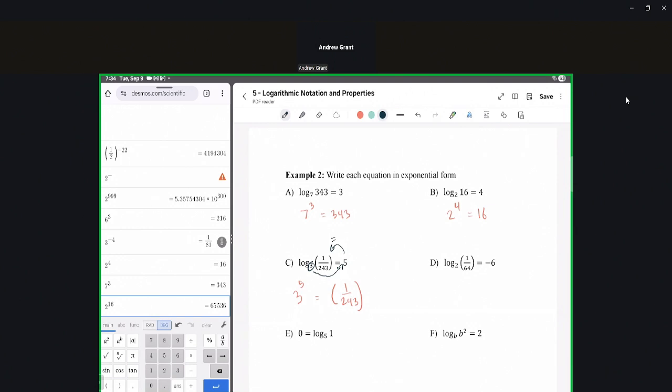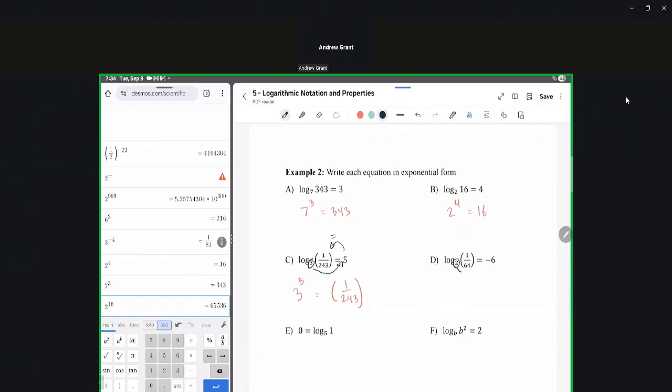Okay. And so for D, if we have log base 2 of 1 over 64 equals negative 6, then I take 2 to the power of negative 6. So 2 to the power of negative 6 equals 1 over 64.